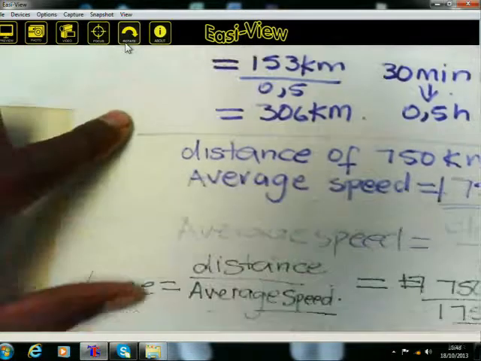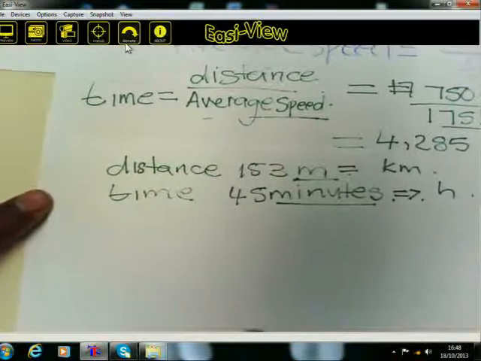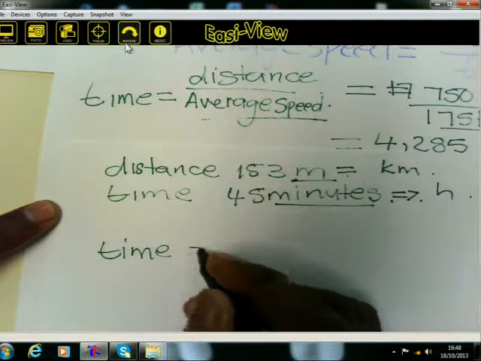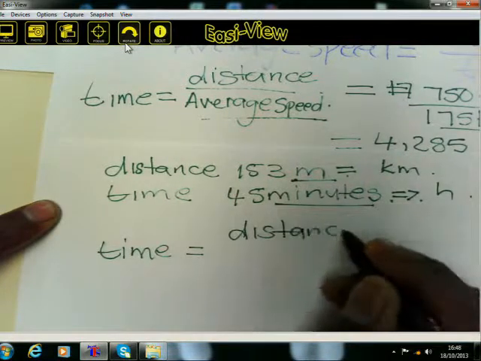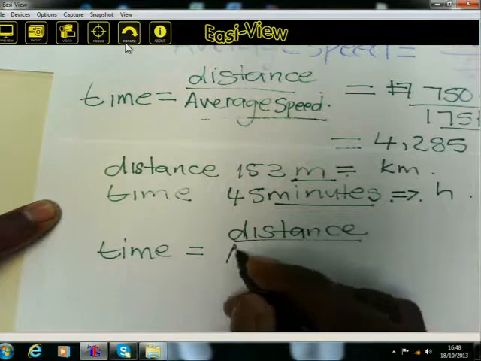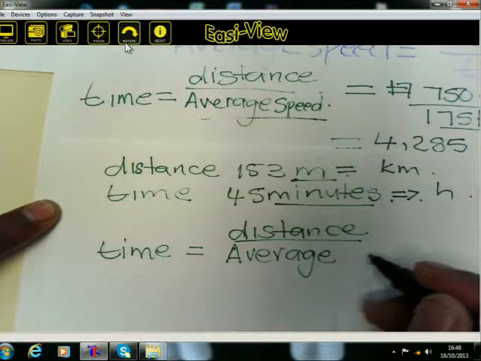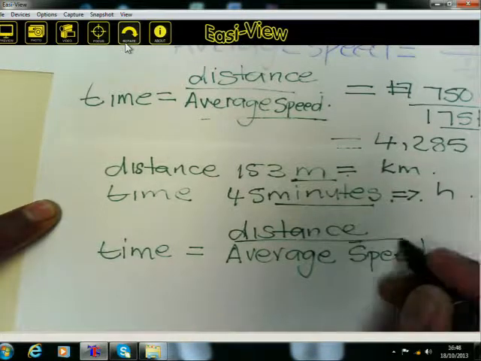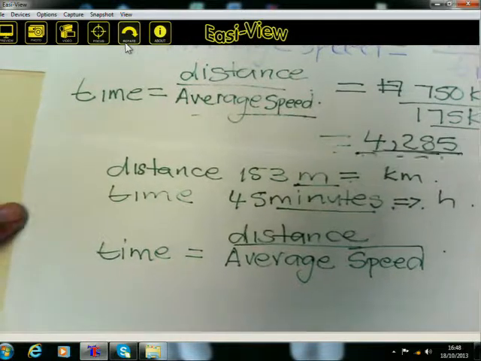Therefore, the formula will be given, and you must use the formula, which is time equals distance over average speed.